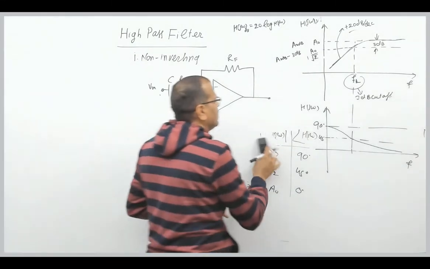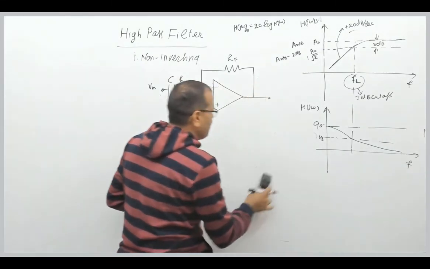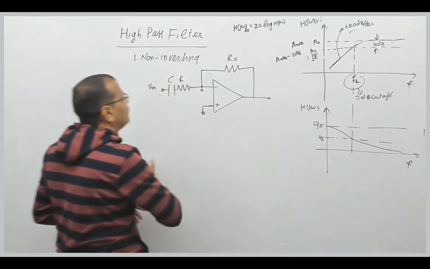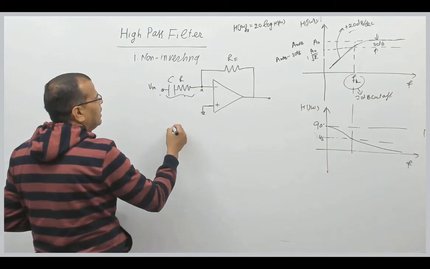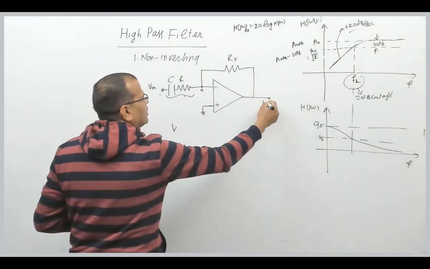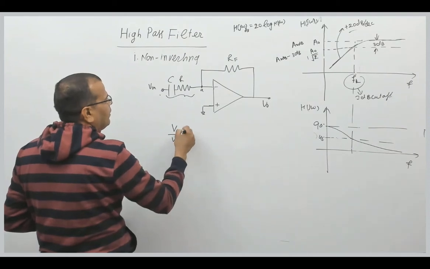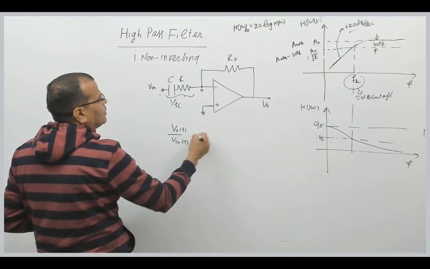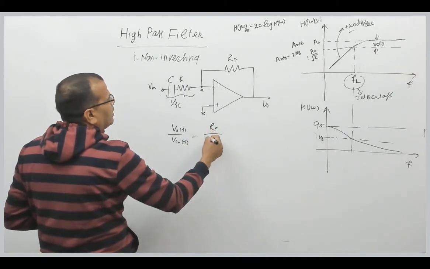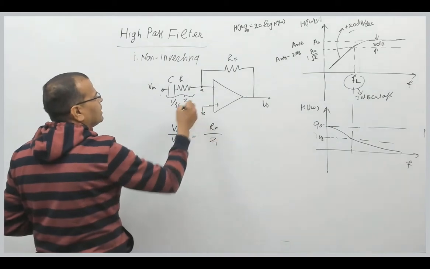Let us see the output of this filter. Now in case of inverting mode filter, this is RF, this is impedance Z1, and this is output. So the ratio of output to input as a function of frequency, taking 1 by SC for the S domain, is RF by Z1.